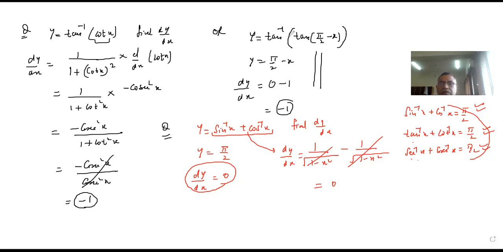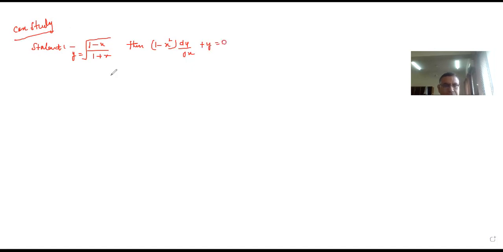Now, I'm going to discuss one case study from this. This is statement 1: y is equal to the square root of 1 minus x upon 1 plus x. Then statement 2.